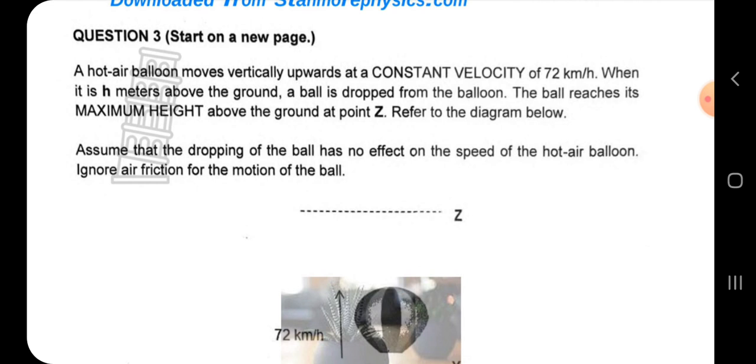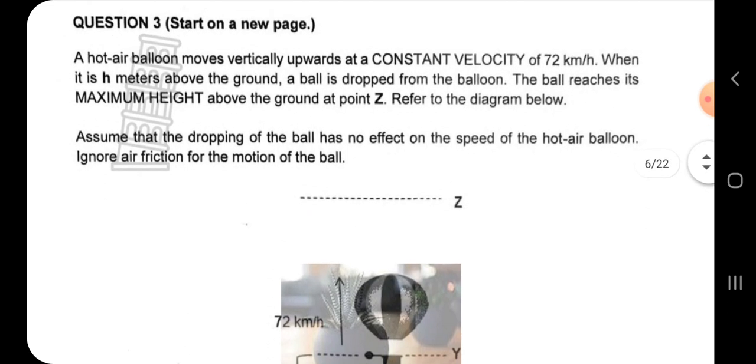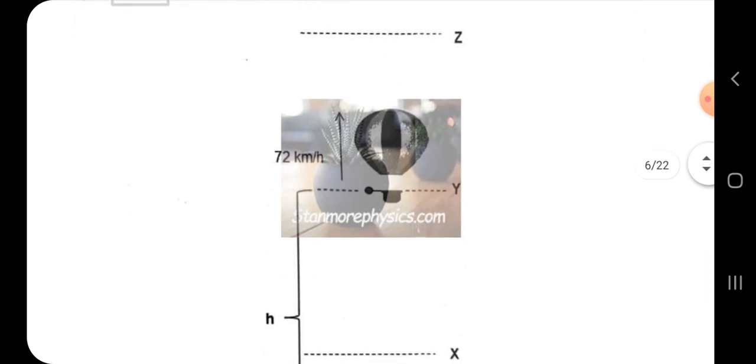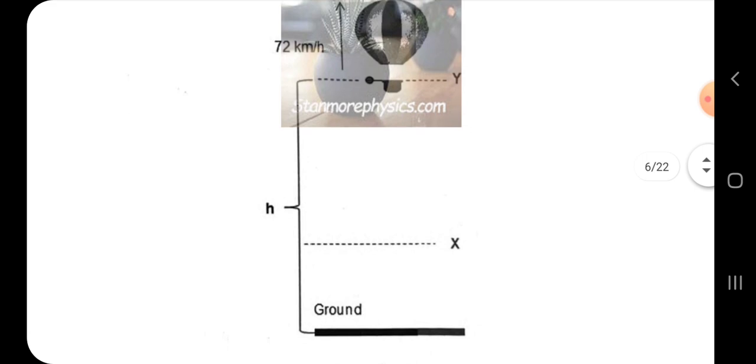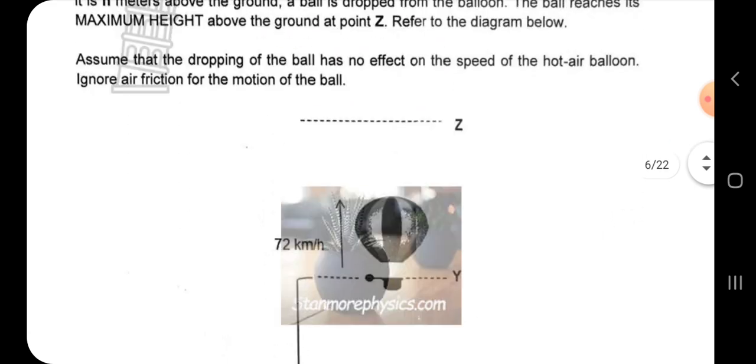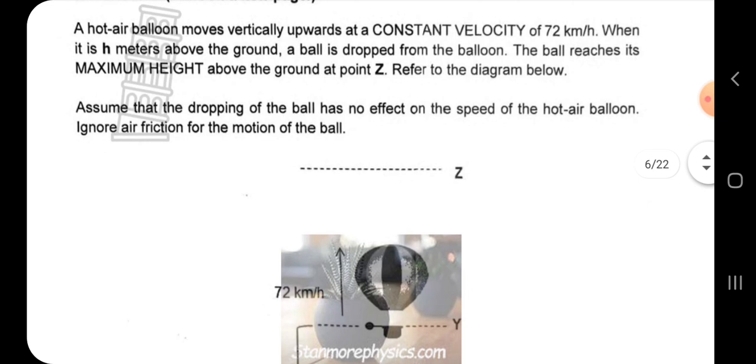A ball is dropped from the balloon. The ball reaches its maximum height above the ground at z.